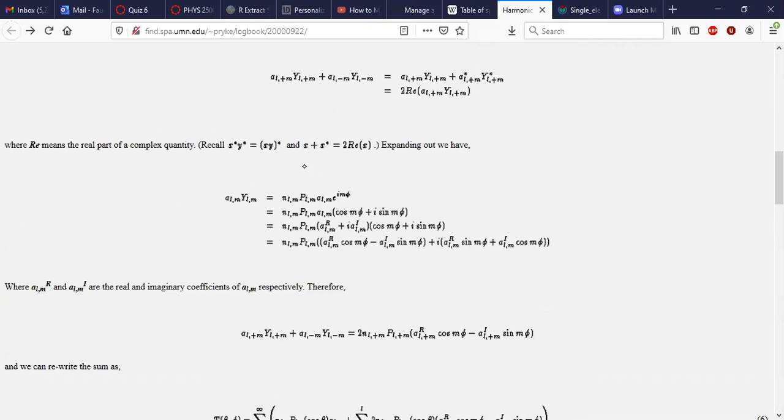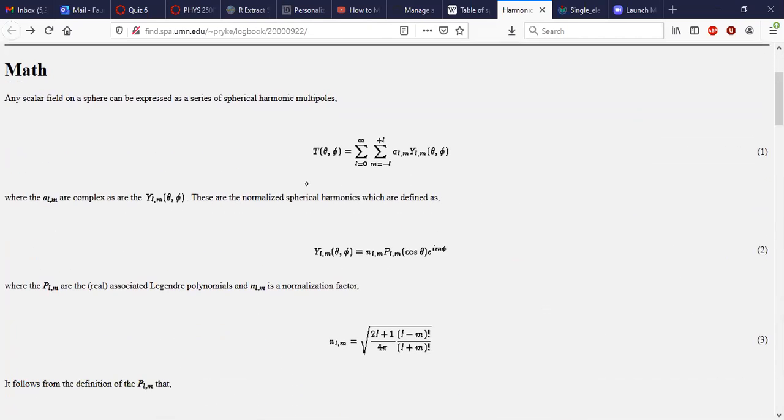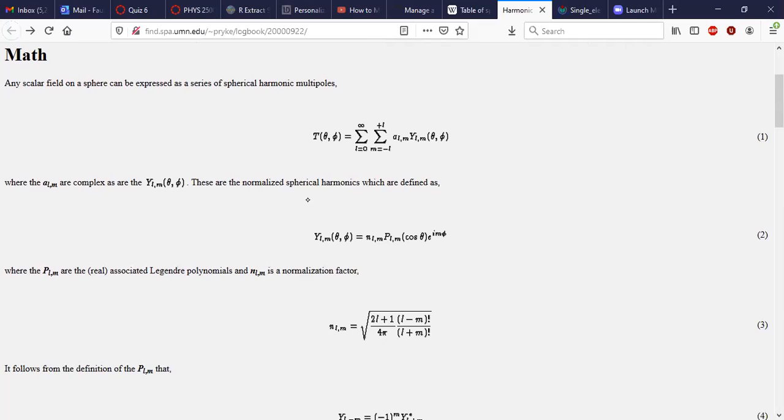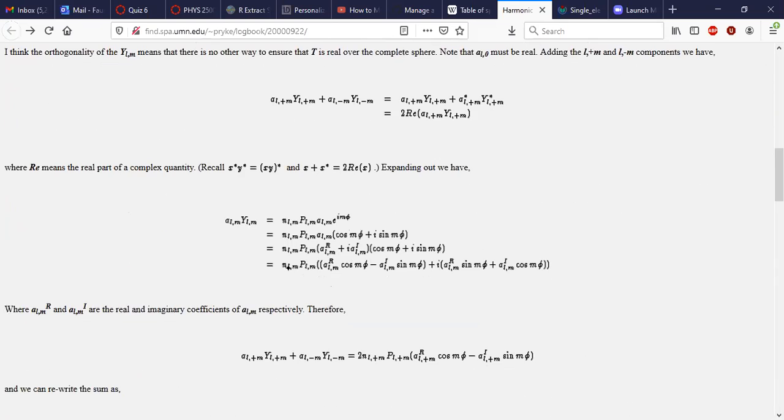So the temperature of the cosmic microwave background in the sky, which there's a lot of work that goes into observing and processing that, but just think about temperature of the sky just painted on the entire sphere of the sky. You can decompose that into spherical harmonics.